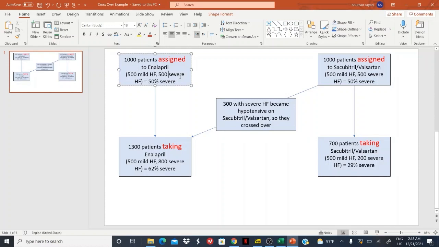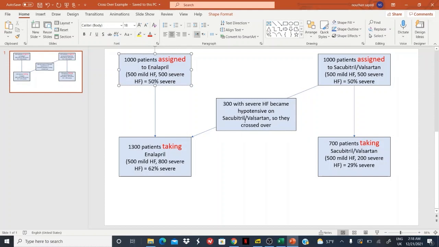So you will take those 1,000 patients who were assigned to enalapril and analyze them in that arm, and 1,000 patients who were assigned to sacubitril valsartan and analyze them in that arm, without taking into account the fact that 300 patients with severe heart failure crossed over from the sacubitril valsartan arm.